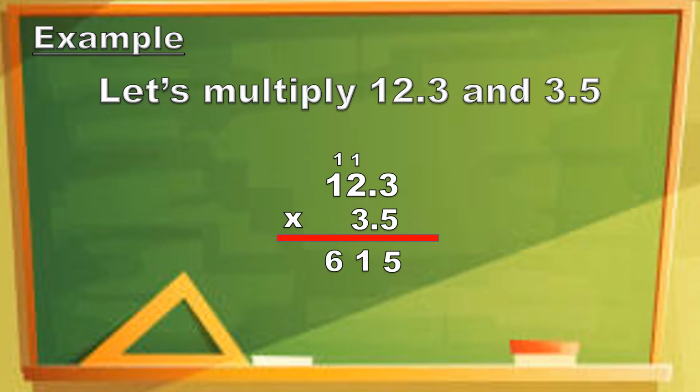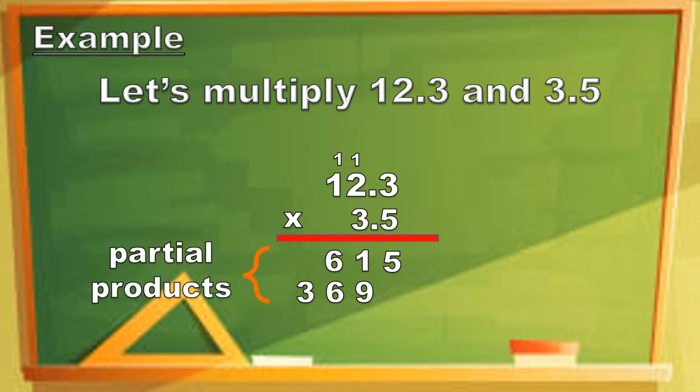And then we now multiply 3 from right to left of our multiplicand. So 3 times 3 is 9. 3 times 2 is 6. And 3 times 1 is 3. Now these two are called partial products.